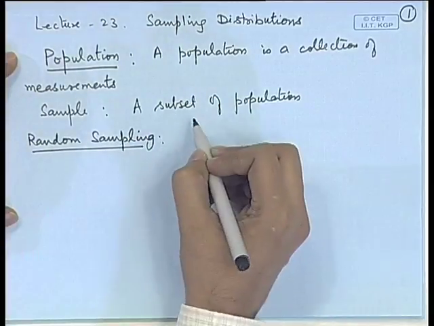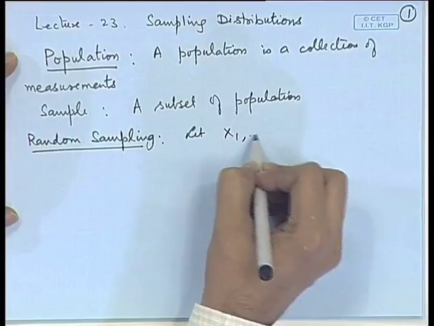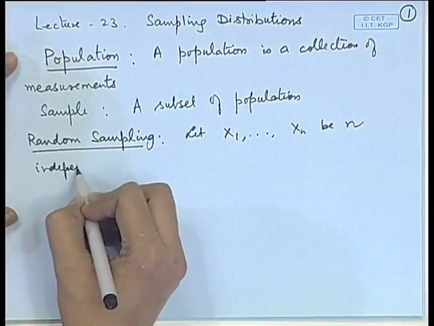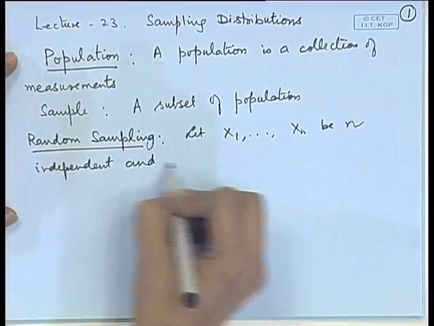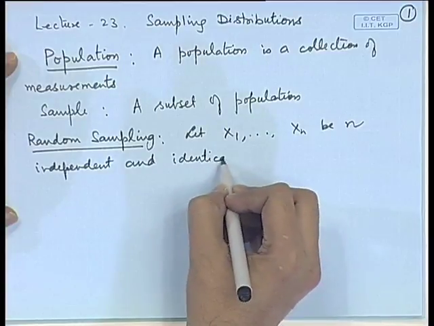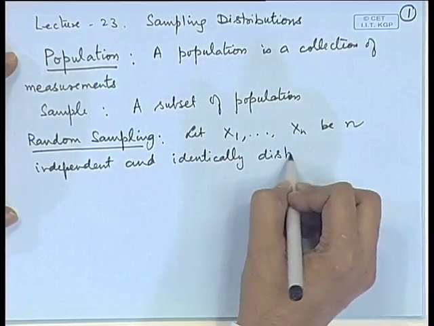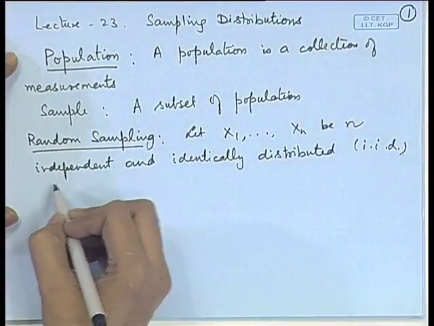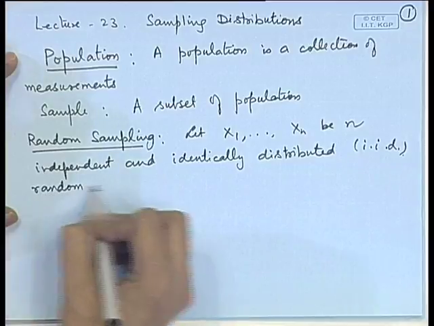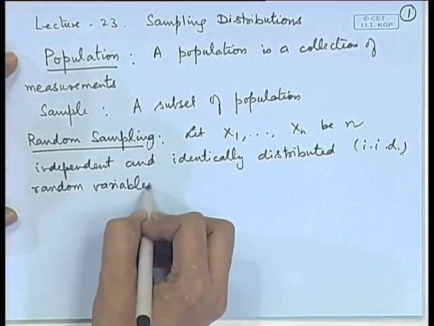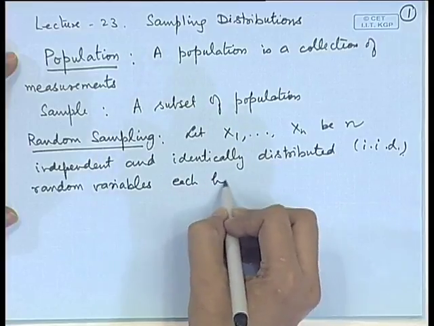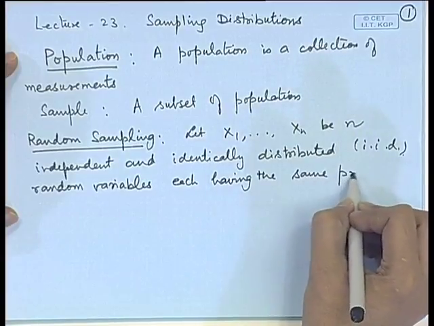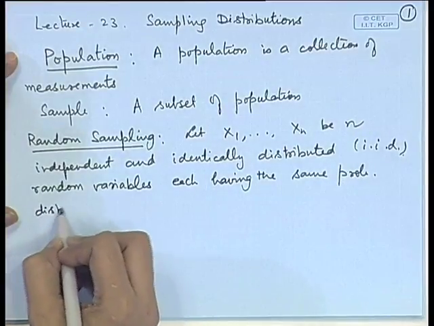Let X1, X2, ..., Xn be n independent and identically distributed, that is IID, random variables each having the same probability distribution f(x).